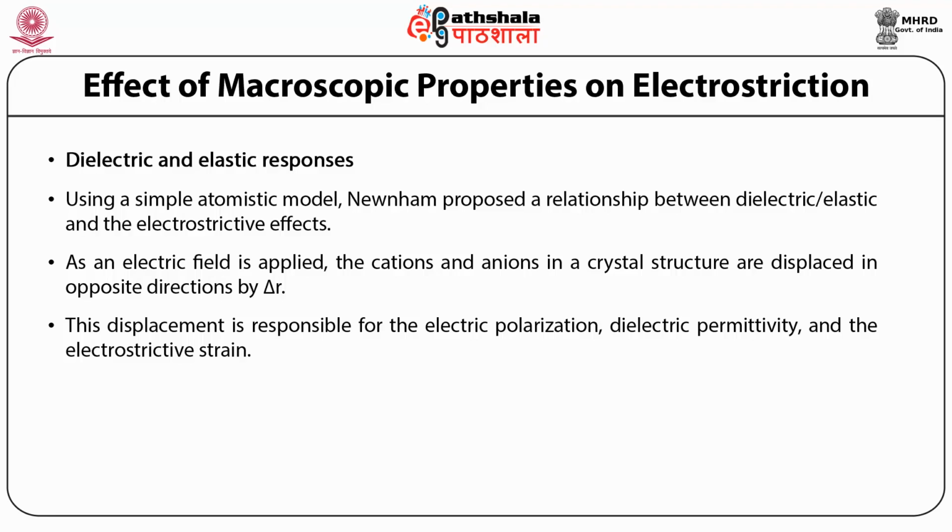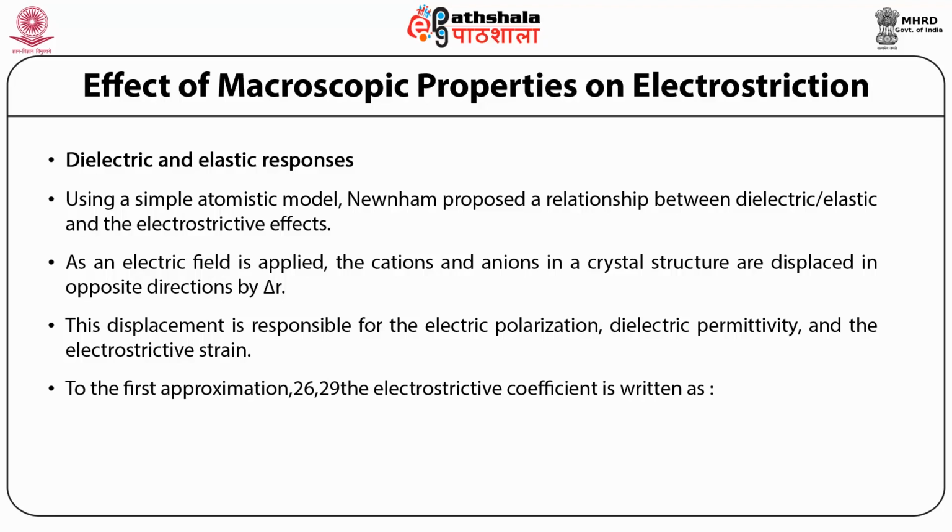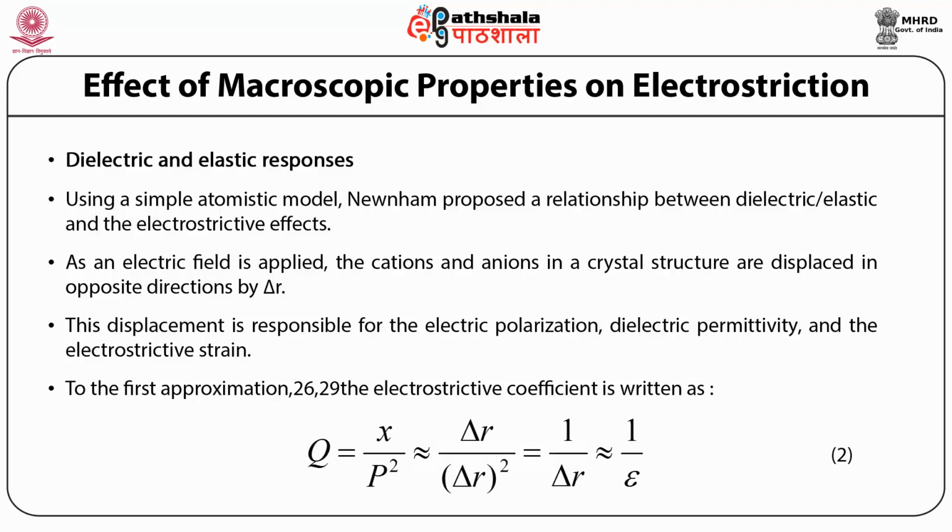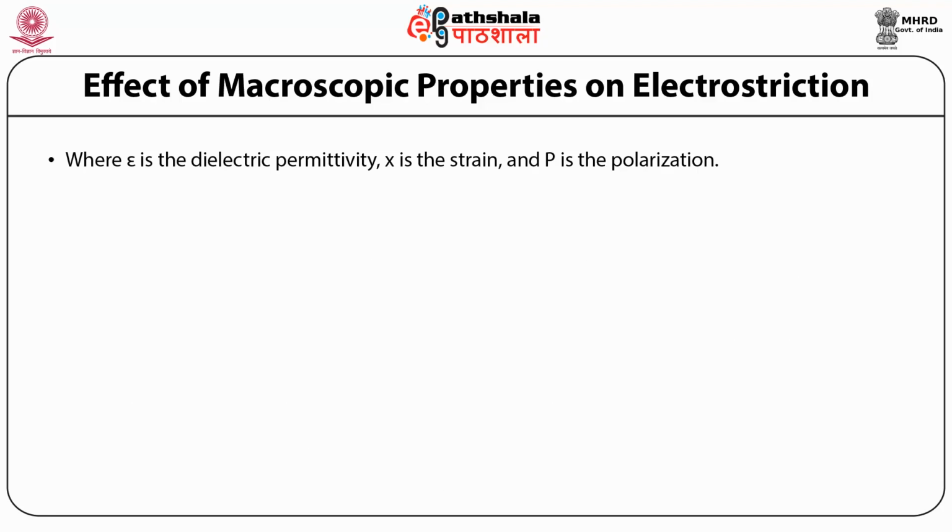And the electrostrictive coefficient, to this first approximation, is written as Q is equal to x by p square. It is approximately equal to delta R by delta R square, equal to 1 by delta R, approximately equal to 1 by epsilon, where epsilon is the dielectric permittivity, x is the strain, and p is the polarization.